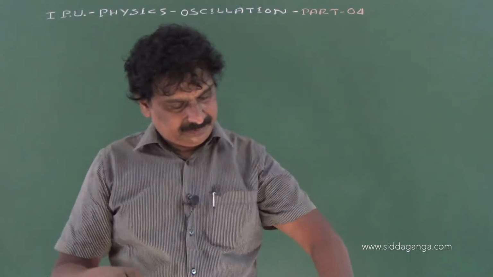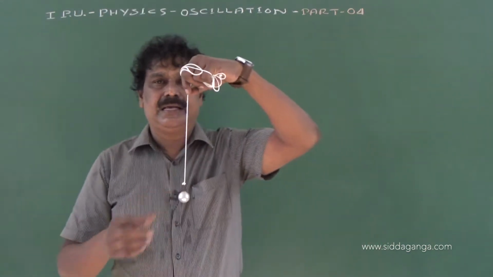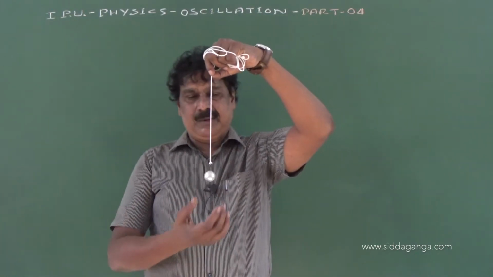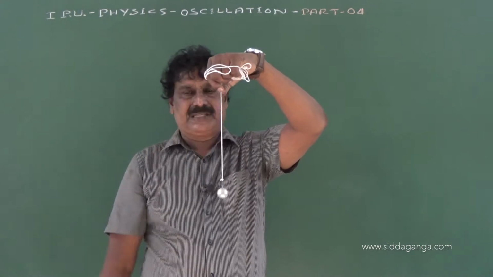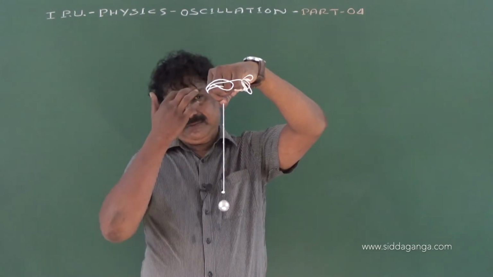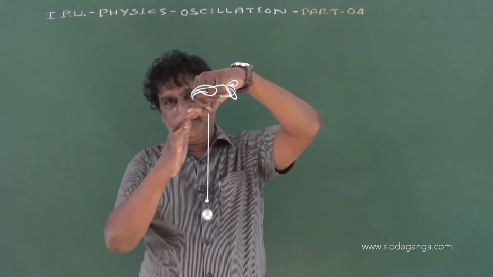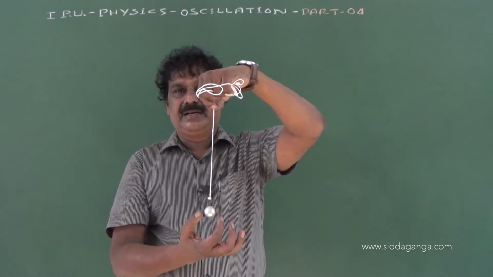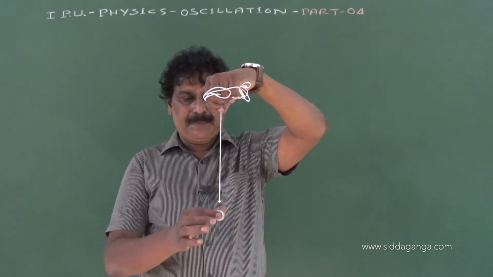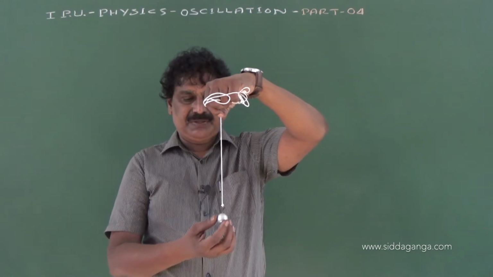Here I have a simple pendulum, a bob. This is the point of suspension. The length of the simple pendulum is the distance between the point of suspension and the center of gravity of the bob, and this is the equilibrium position of the bob.